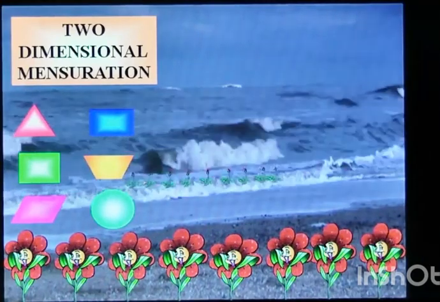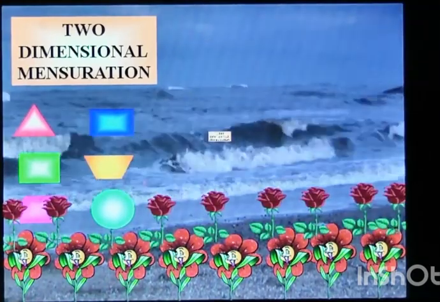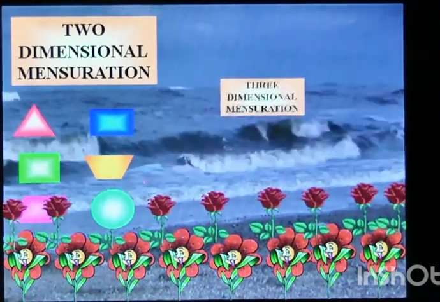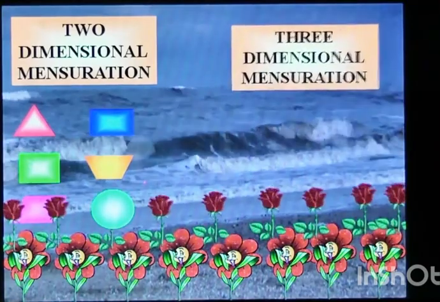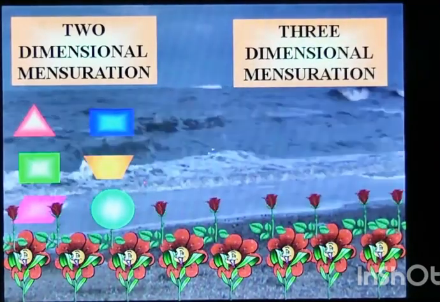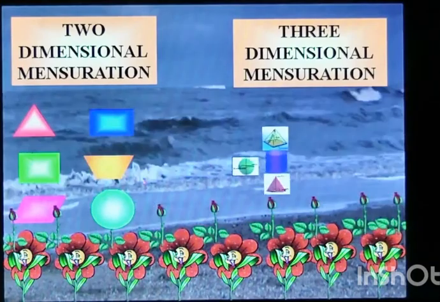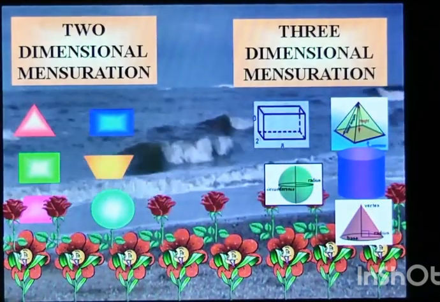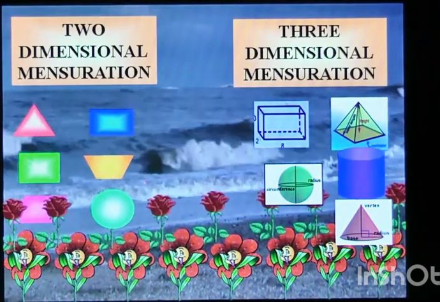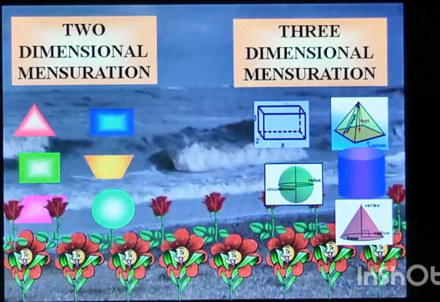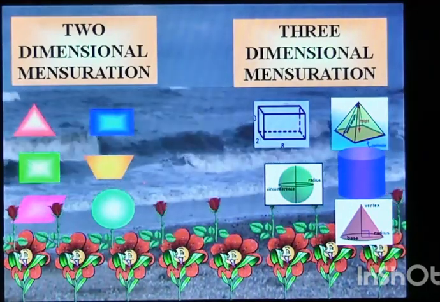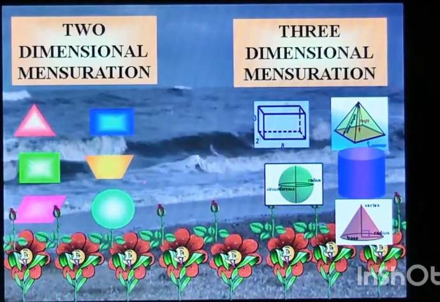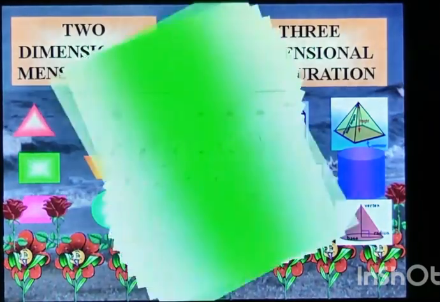And in three-dimensional pictures whose volume and surface area we need to learn, there are five in your syllabus. These are five pictures: prism, pyramid, cylinder, sphere and cone. This is comparatively a larger topic.